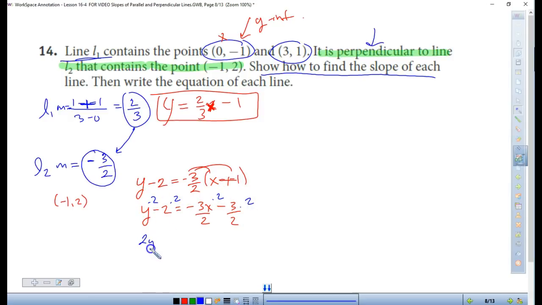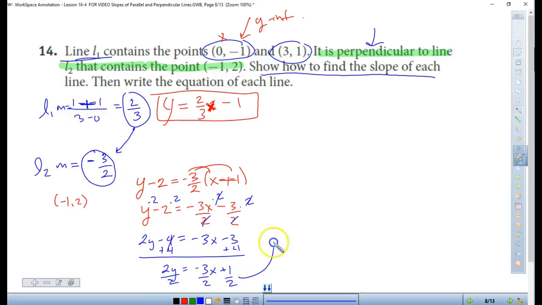So we'd have 2y minus 4 equals negative 3x minus 3. Add 4 to both sides, just getting y by itself here. So 2y equals negative 3x plus 1. Divide everything by 2. So we'd end up with y equals negative 3/2 x plus 1/2.